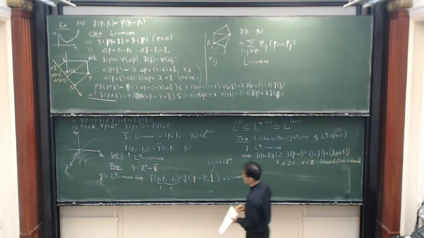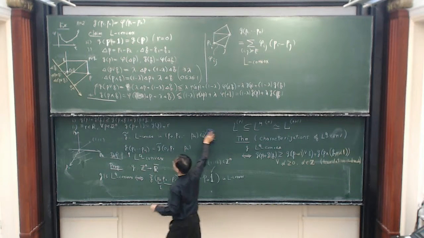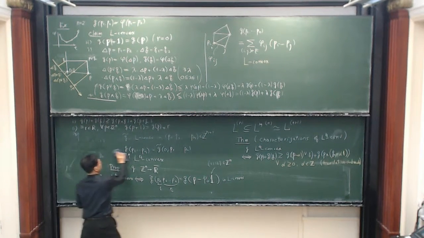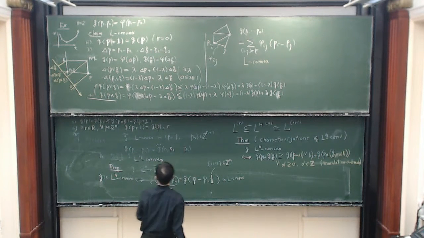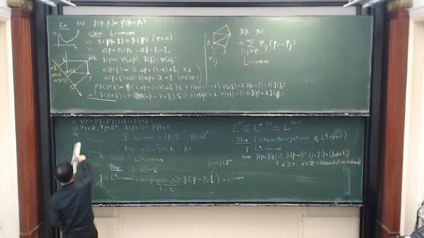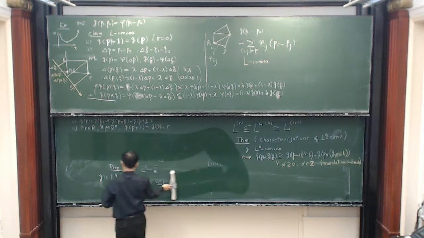So if we draw a picture, what happens in 2 dimensions?